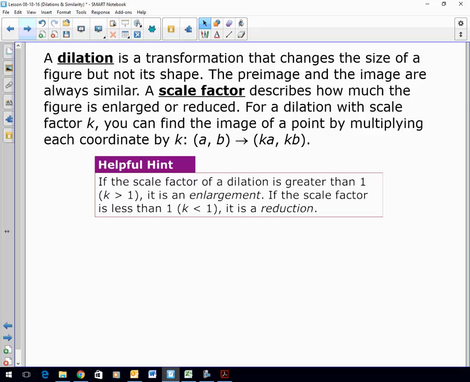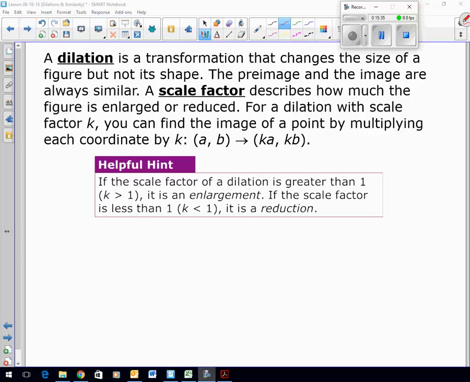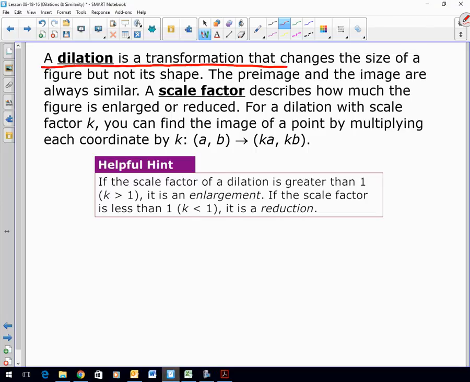A dilation is a transformation that changes the size of a figure, but not its shape. The pre-image and the image are always similar. A scale factor describes how much the figure is enlarged or reduced. I want you to write that part down, okay?